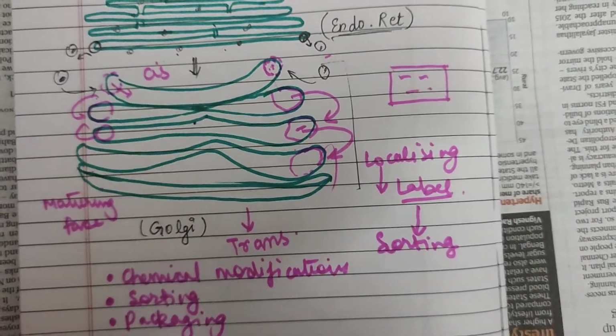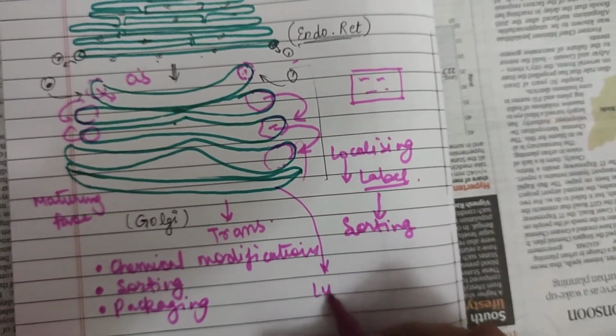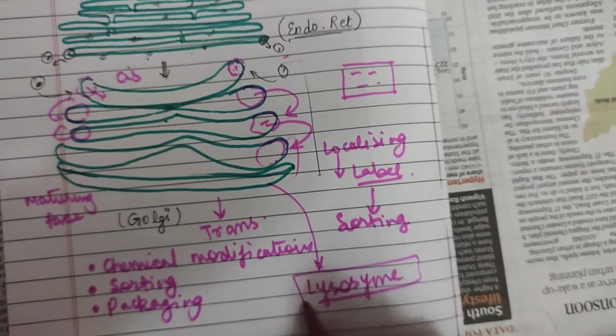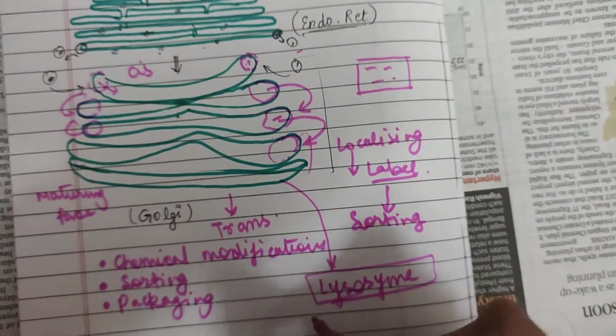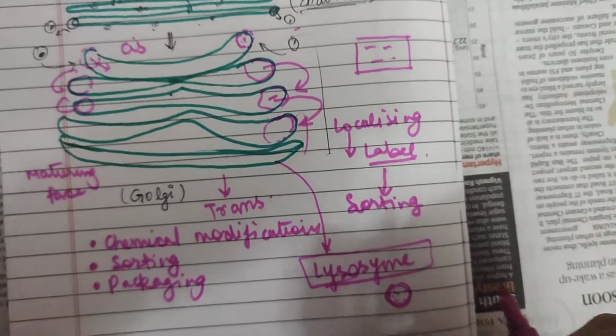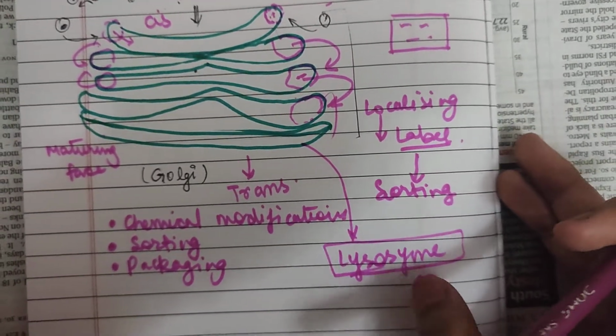Out of the Golgi, what is going to emerge is the lysosome, which I'm going to talk about in the next video. Lysosomes emerge from the Golgi, and they are vesicle-like structures which consist of acidic hydrolytic enzymes. They are called the suicide bags of the cell.